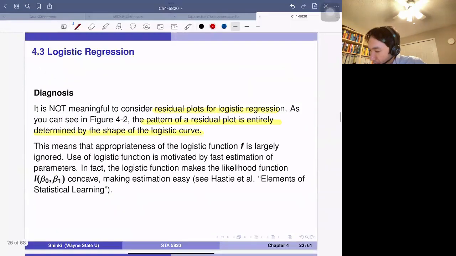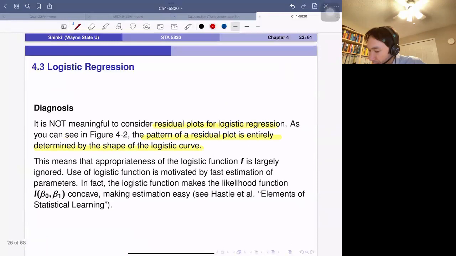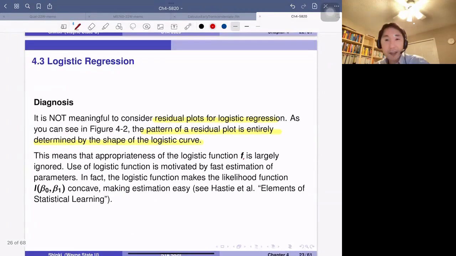Yeah, so that is the way logistic regression works. This relates to the appropriateness of the logistic function. I'm always confused between the logistic and inverse logistic functions.